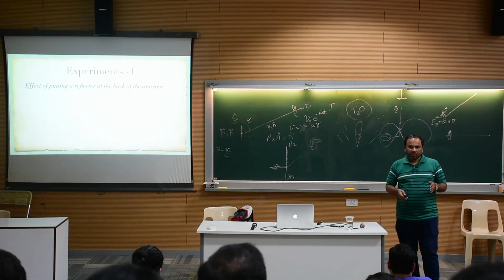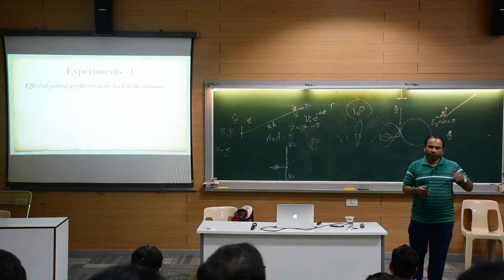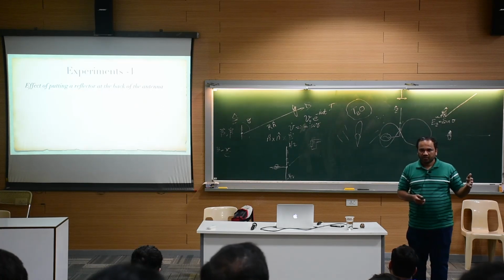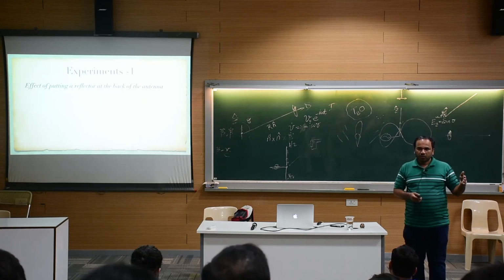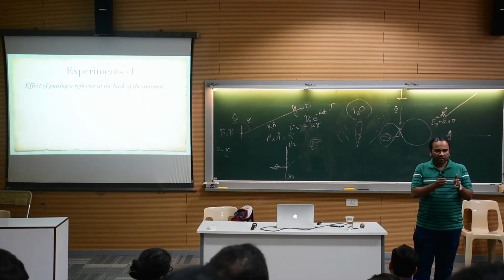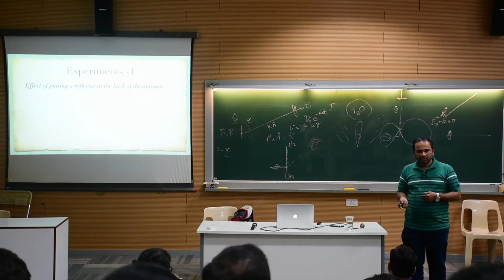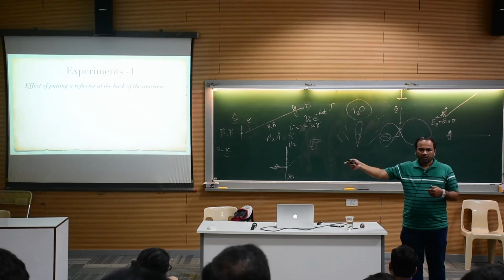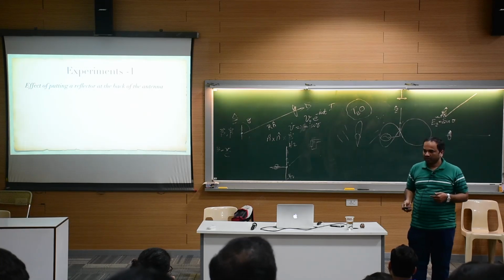We know that. So what if we put a reflector at the back of the transmitting side? Based on the distance at which the reflector is kept, it will be constructive interference or destructive interference, and we should be able to get more power at the receiving side.